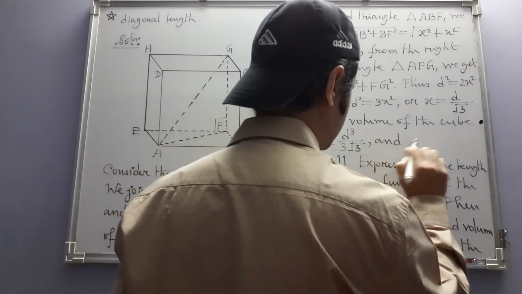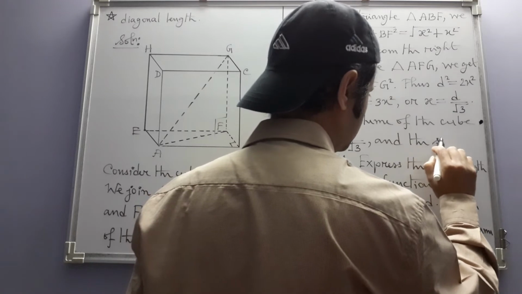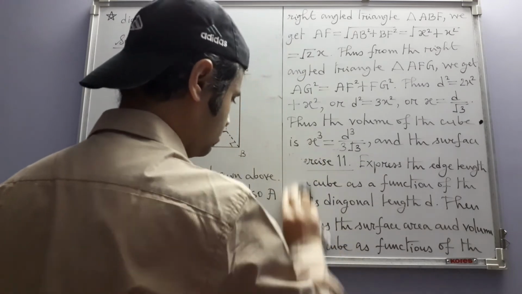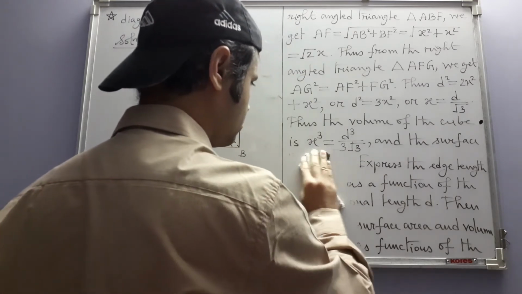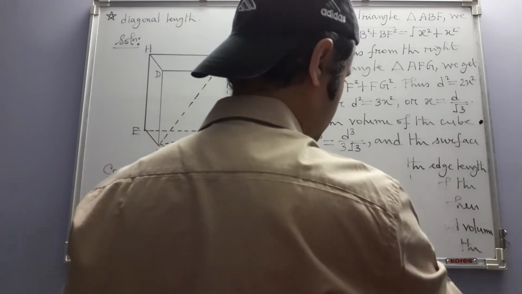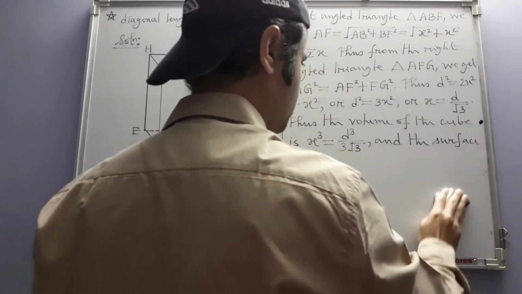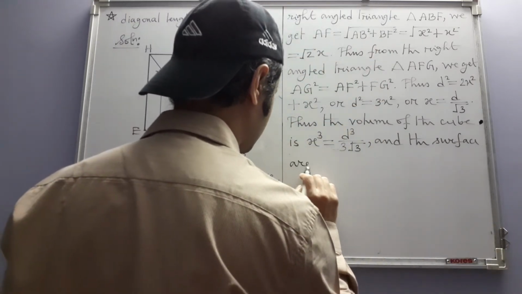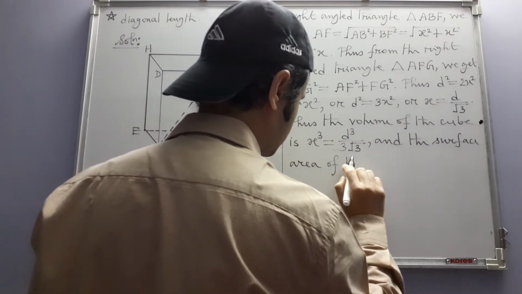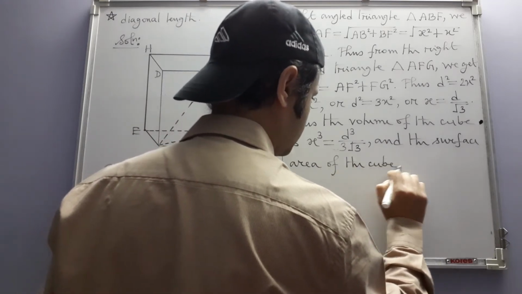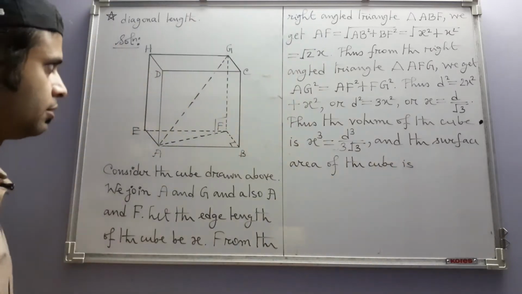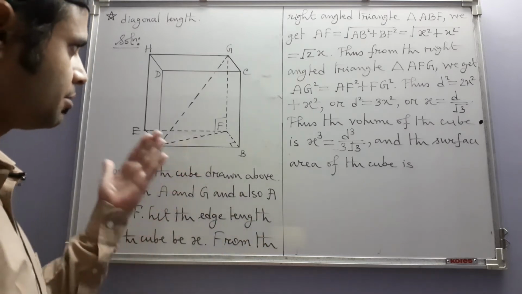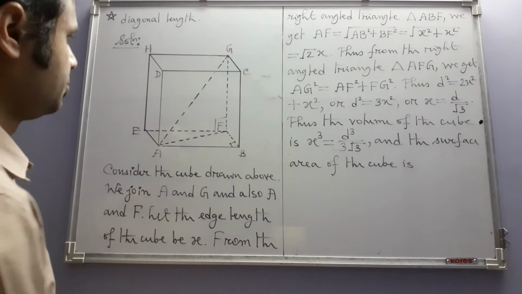And the surface area, okay. How many surfaces are there? Each surface is a square, or each surface means each face is a square.